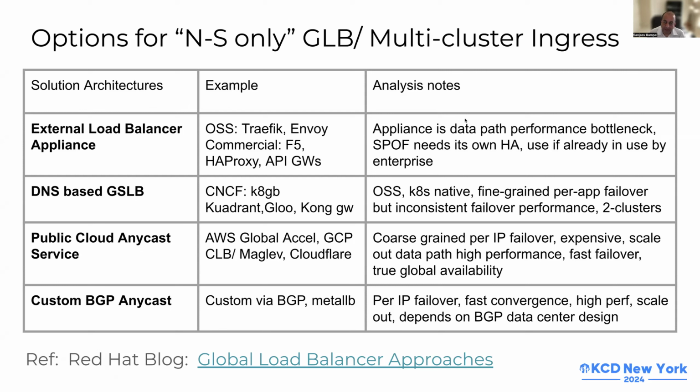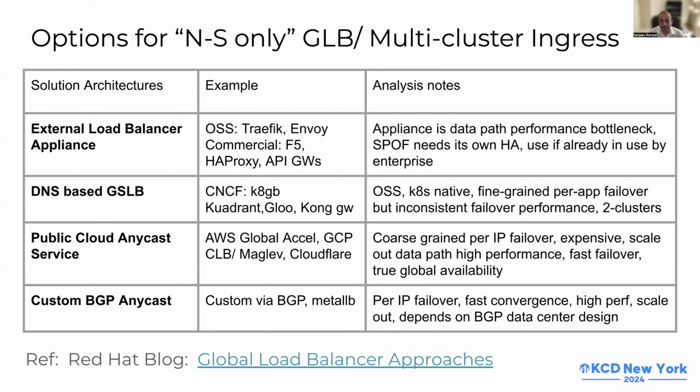An issue with that is that the appliance then becomes potentially a bottleneck in the data path, because it's actually sitting in the path of the traffic being load balanced. And the external appliance also becomes a single point of failure, so it needs its own HA solution.